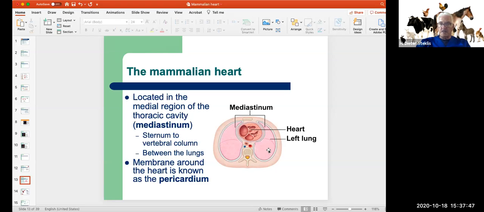A point that I'll come back to when we watch the dissection video. So this tells you where you are located. It's pretty much in the middle. We tend to think of it as being somewhat on the left, but most of the heart is actually right smack in the middle in this mediastinal space.